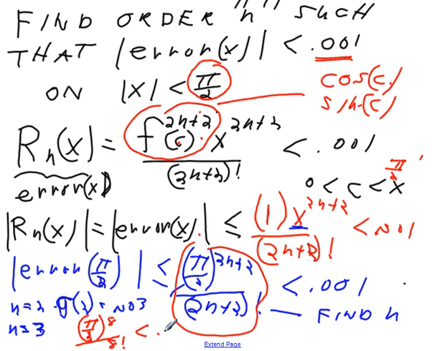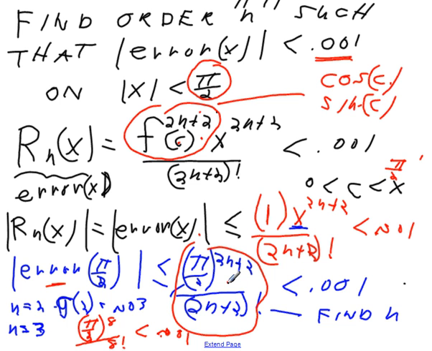That's going to be less than 0.001. So what have I just found out? The error term is less than this term, is less than that. So the error at pi over 2 is going to be less than 0.001 when n equals 3.